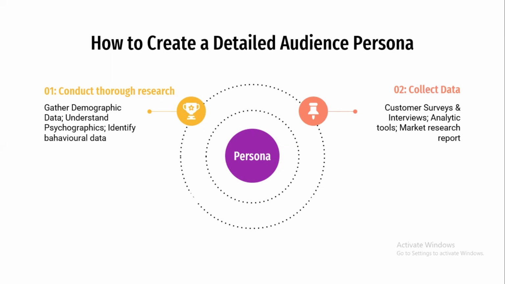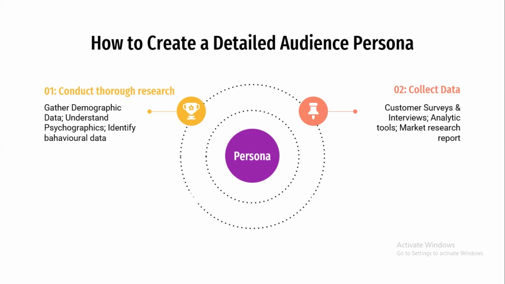We can also get secondary data from market research reports or data provided in the market space. We have certain white papers provided by different organizations and different bodies that we can leverage in gathering data. From analytical tools, we can use tools like Google Analytics to gather data from blogs.